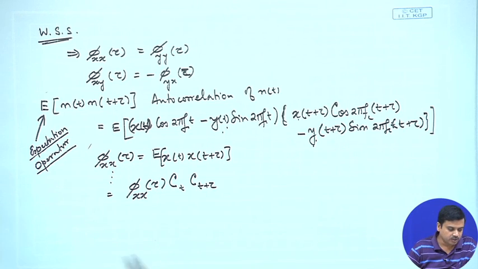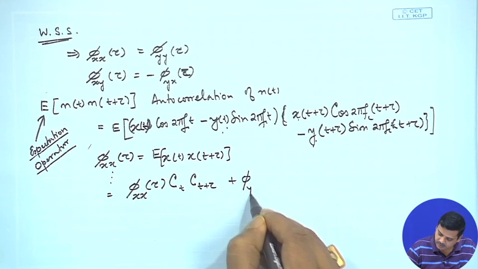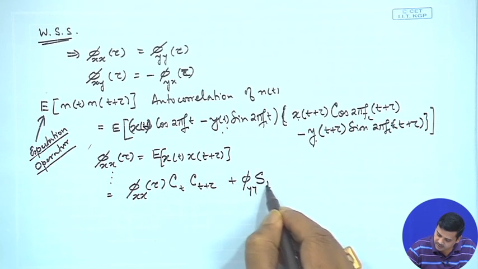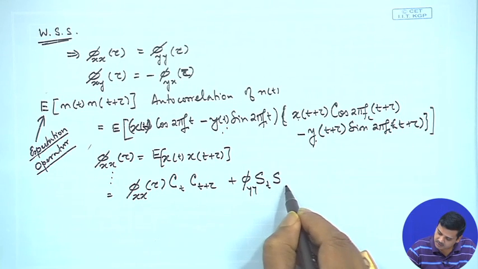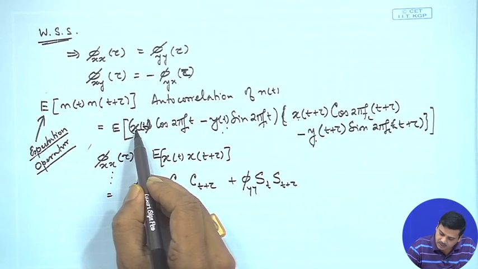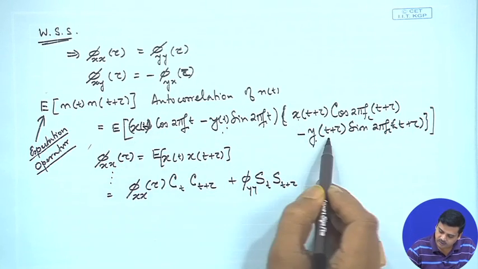I will write this in short, and along with that plus phi_yy, look at this y and this y, we are going to get sine of 2 pi f_c t into sine of 2 pi f_c (t plus tau), and then you are going to get E of x and y, this cross term.